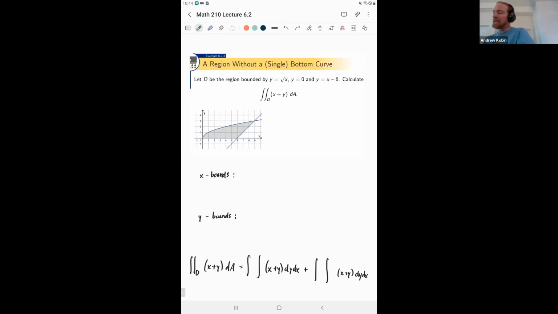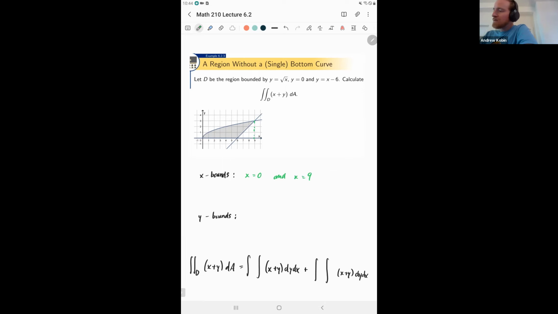Well, we'd first look at the x bounds and say, what's the total spread in the x direction of this region? Well, x certainly starts at 0. And if I look carefully, it looks like it ends at 9. So those are going to be the x bounds on the outside. Here's where things get tricky.